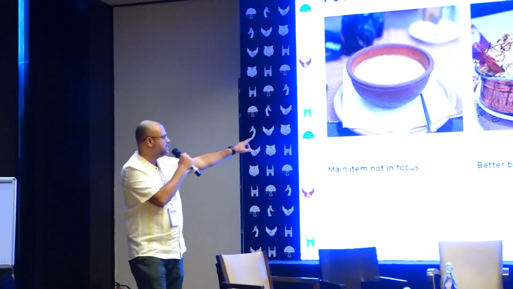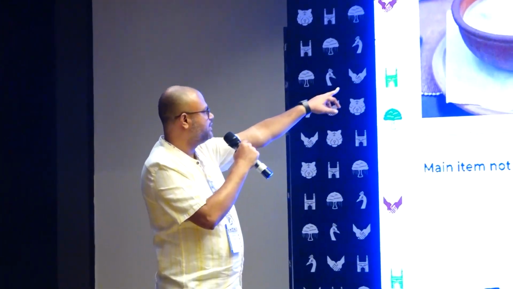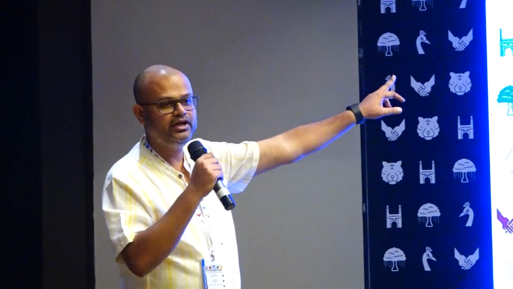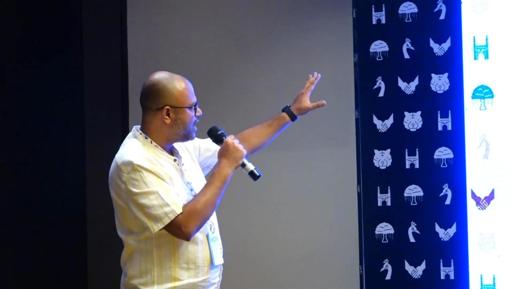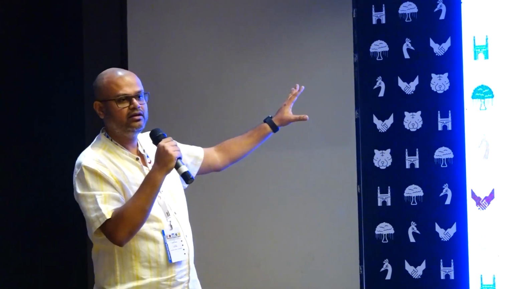If you see the second image, the rice and the beresta, the onions, are properly in focus, but the chicken is not in focus. When you are trying to document something, you have to document the whole thing. We can keep the rice in the blurred background, but we have to keep all the elements in focus, because this is not a veg biryani, this is a chicken biryani.